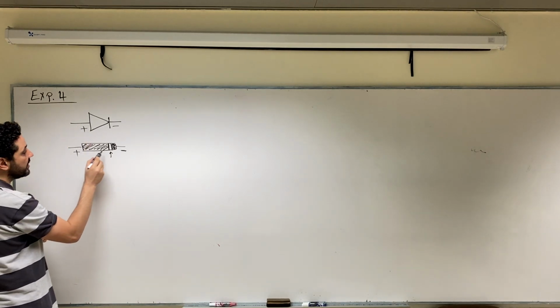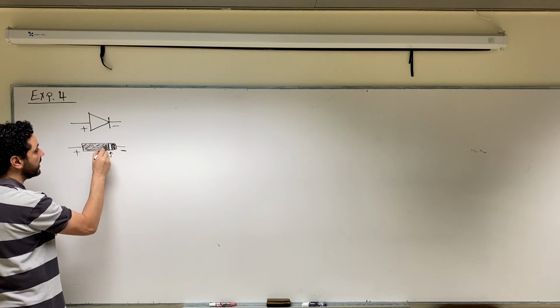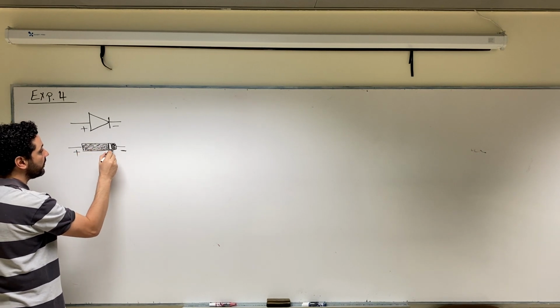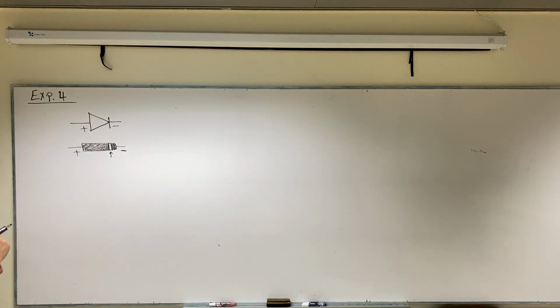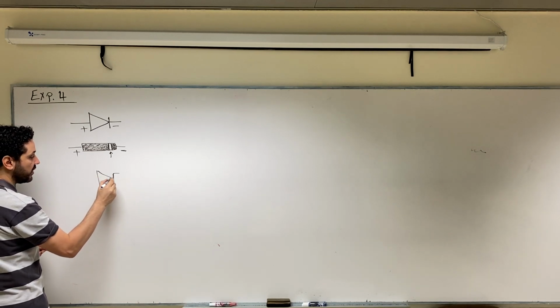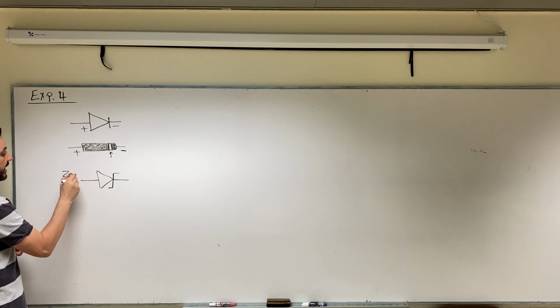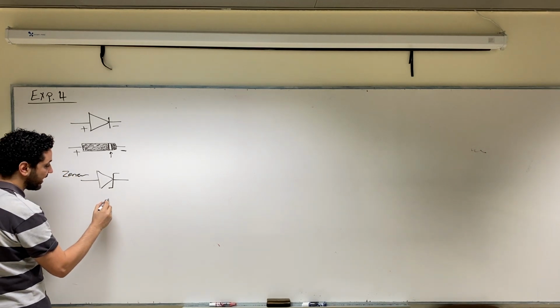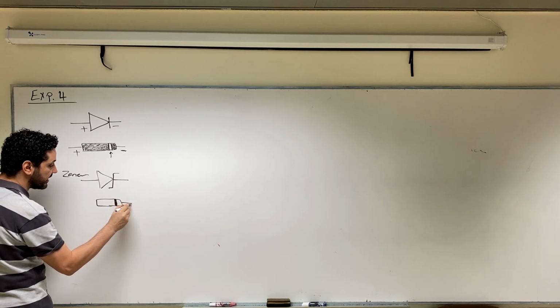So the regular diode looks like a black cylinder. I'm going to show you the component now. Hopefully it will appear in front of the camera with a silver line like this. While the Zener diode, which we usually use this symbol for, this is the Zener. In the lab, it looks like a golden cylinder with a black line towards the negative terminal.